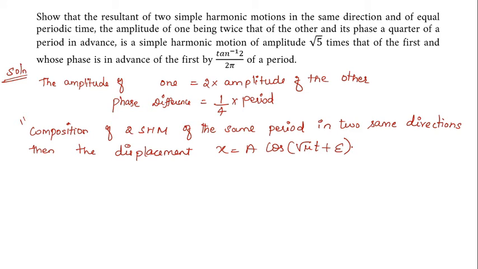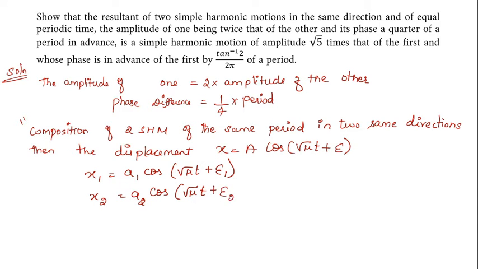So we consider two displacements: let x1 is equal to A1 cos of root mu t plus epsilon 1, and x2 is equal to A2 cos of root mu t plus epsilon 2. They have different phases, epsilon 1 and epsilon 2. Mark these as equations 1 and 2.